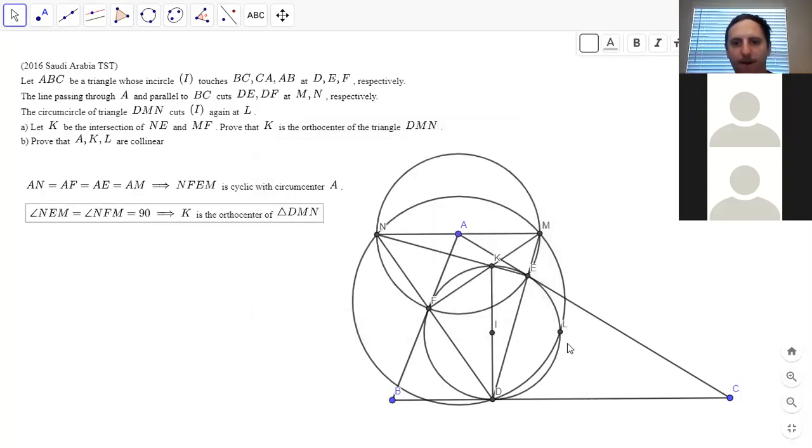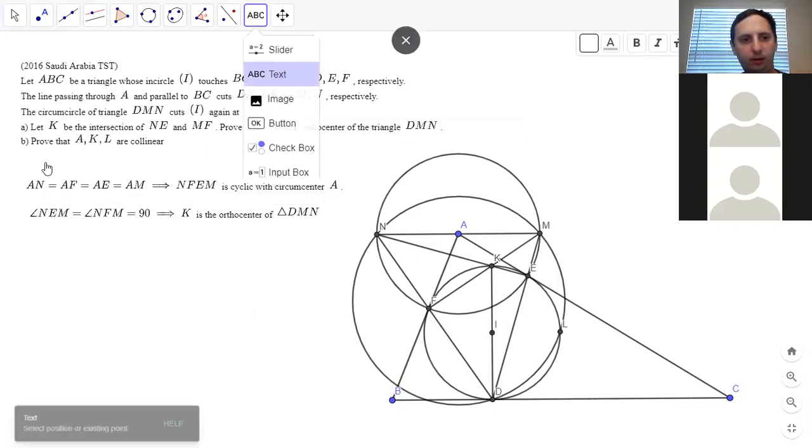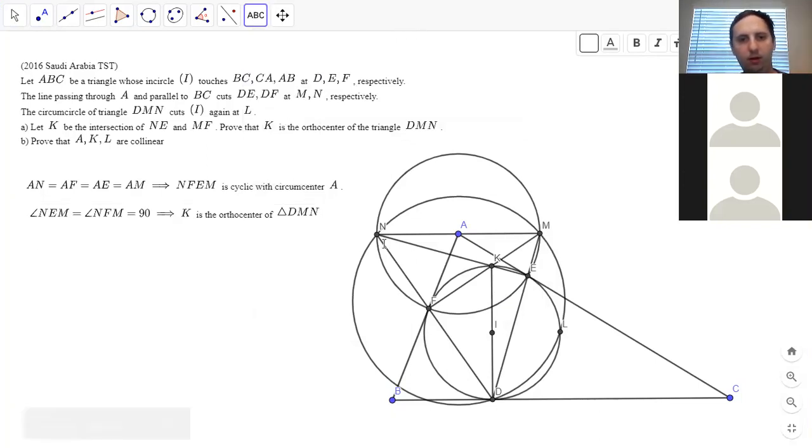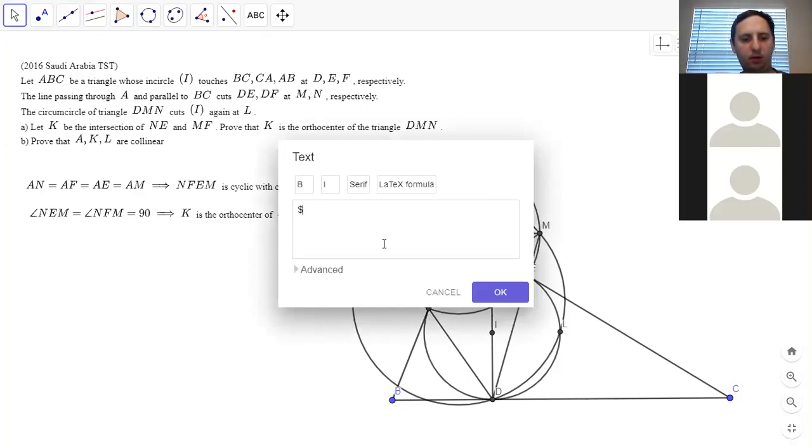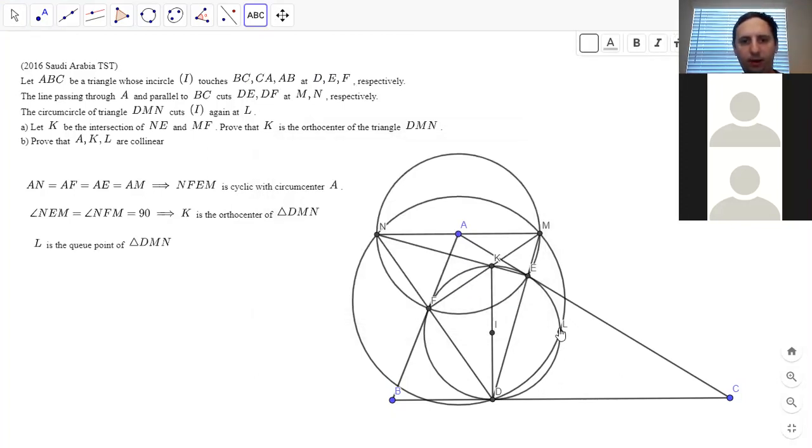And then, it's well known that, so I'll just say L is the Q point. In DMN, it's a well-known fact that the Q point, the orthocenter, and the midpoint of the side are collinear.